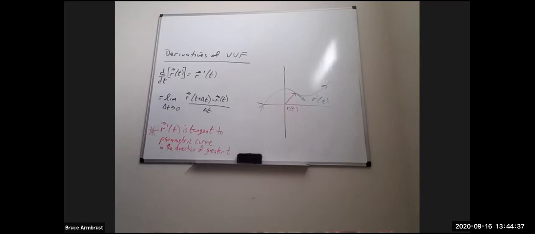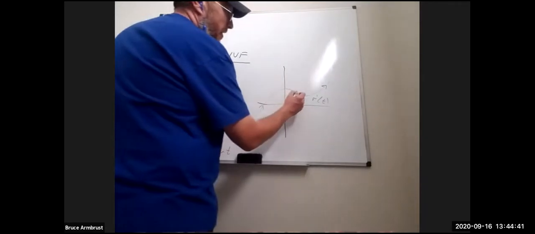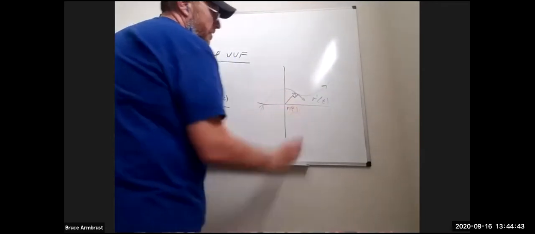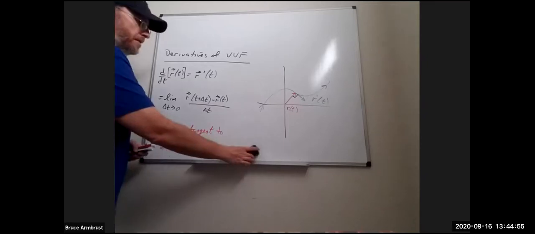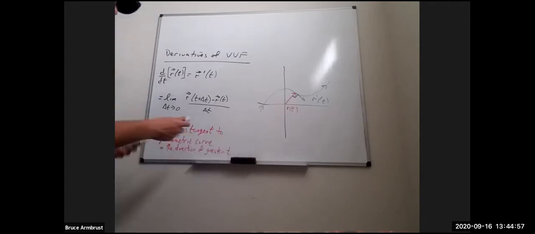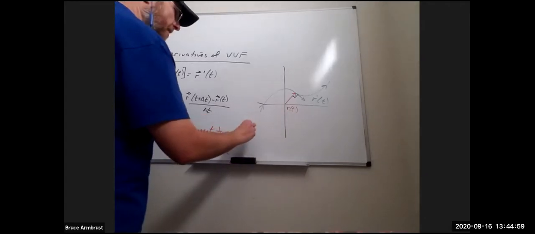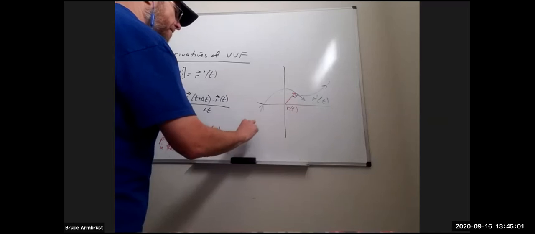Okay, so we know that r prime is tangent to the curve. Well, it turns out that r prime and r are orthogonal. We'll prove that later. But that's another fun fact here that I'll go ahead and write as well. So this will get another star.